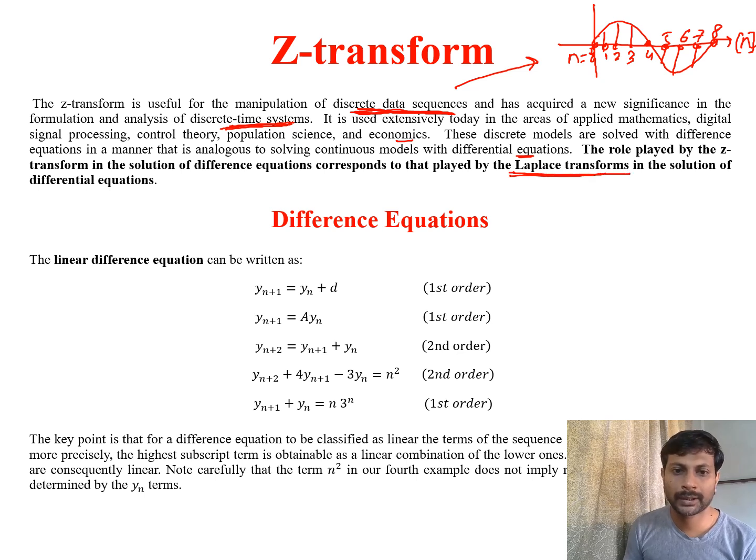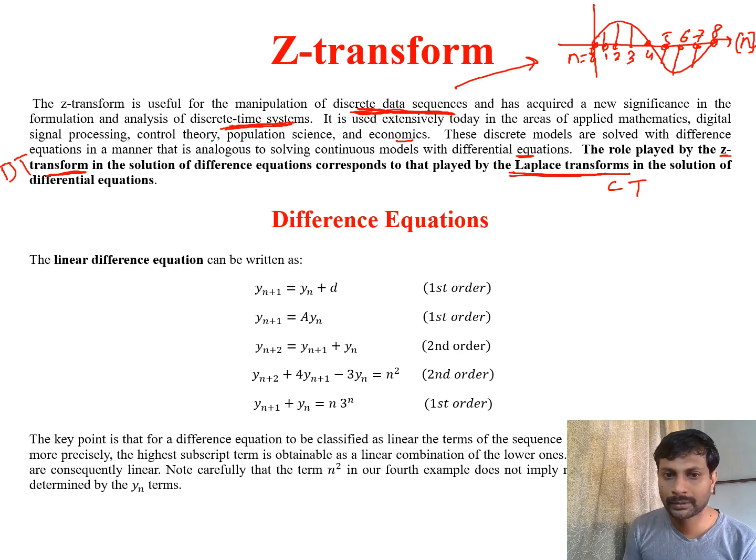Since the Laplace transform can be used for finding the solution of differential equations, similarly the Z transform can also be used for the solution of difference equations. Obviously those have to be in discrete form, but the Laplace transform is applicable only for continuous time, and the Z transform is applicable for discrete time.